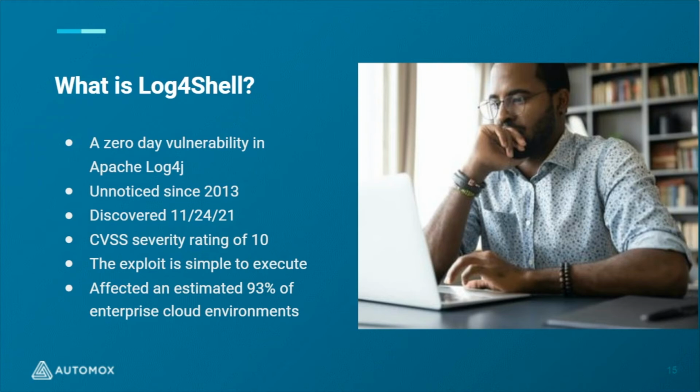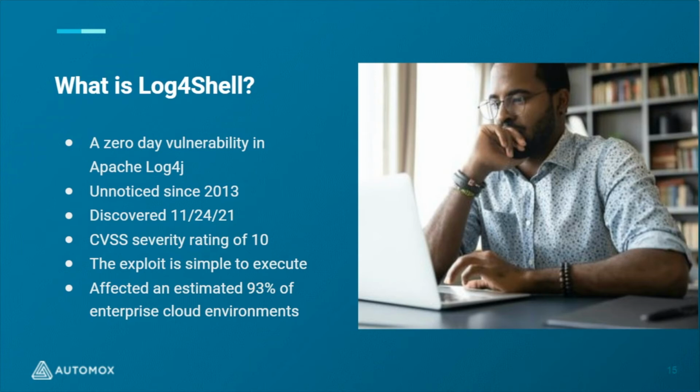The vulnerability has existed unnoticed since 2013 and was privately disclosed to the Apache Software Foundation, of which Log4j is a project, and was publicly disclosed on December 9th of 2021. Apache gave Log4Shell a CVSS severity rating of 10, and that's the highest score available. The exploit is simple to execute, and it's estimated to affect hundreds of millions of devices.